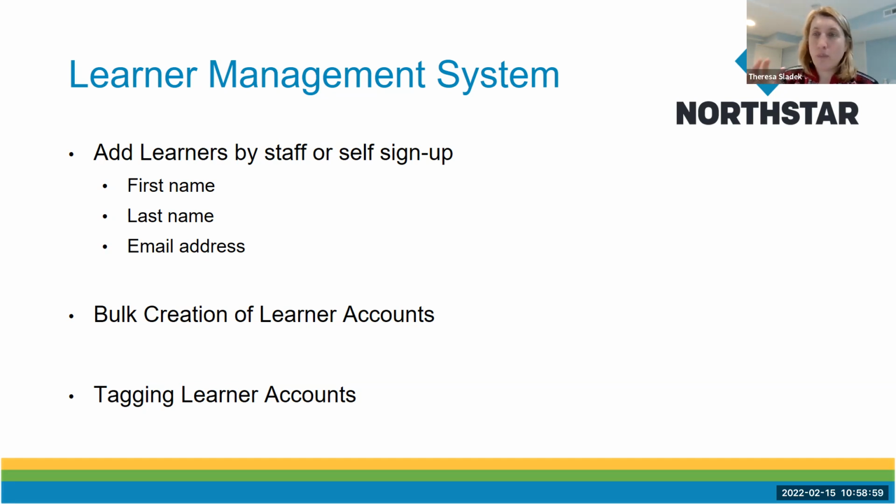Whatever sub-reports would be useful to you, you can create tags and tag those learners. We at Northstar don't create the tags for you; you use whatever is most useful to your organization. The only thing we don't let you do is add personally identifiable information, so you can't add social security numbers, driver's license numbers, or birth dates. But other than that, you can tag with whatever is most useful to your organization.